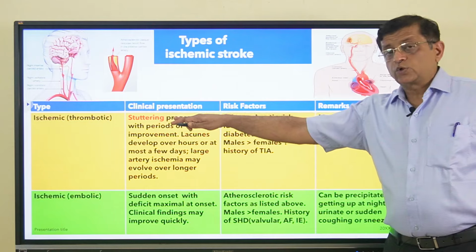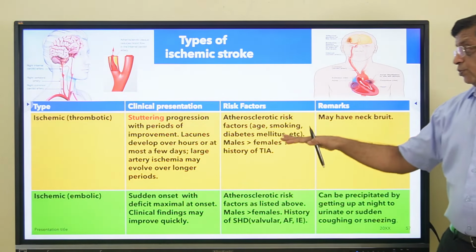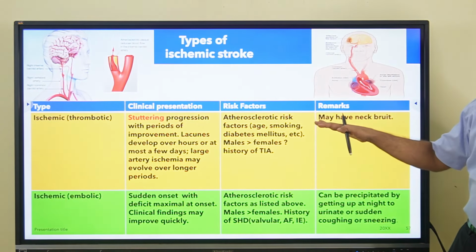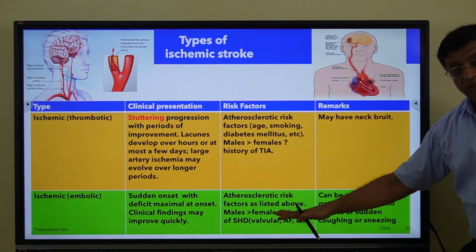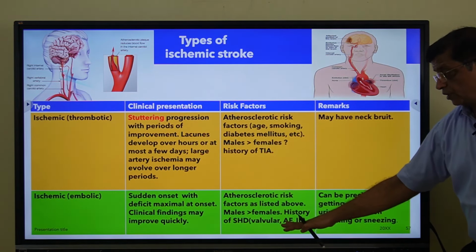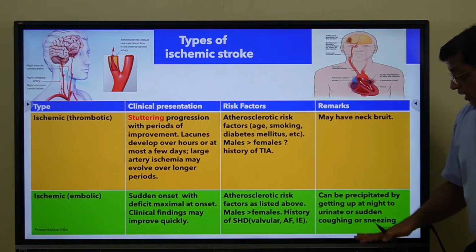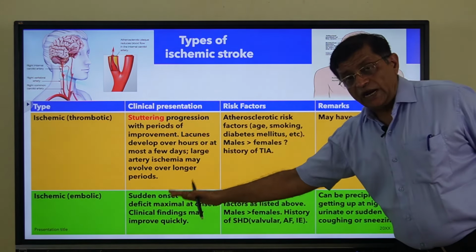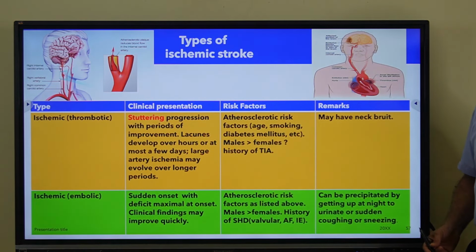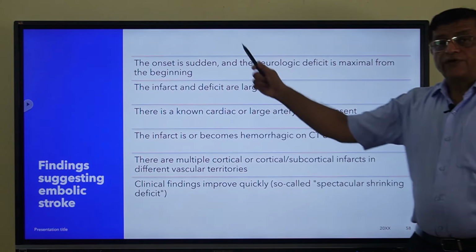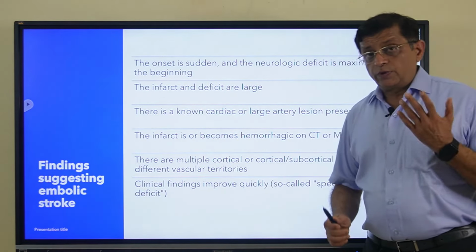If thrombosis is present, there could be stuttering progression, and there could be atherosclerotic risk factors. In embolic, the patient could have a structural heart disease like AF or rhythm abnormality, or a valvular disease, and they have maximal deficit at onset and can be precipitated by any type of exertion. So these are the findings which suggest that it could be embolic.